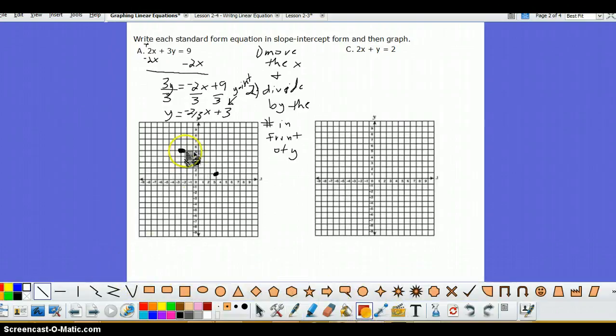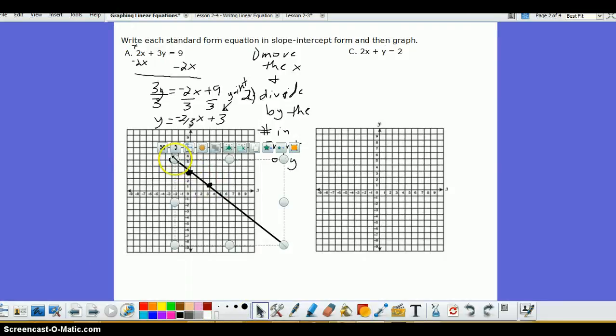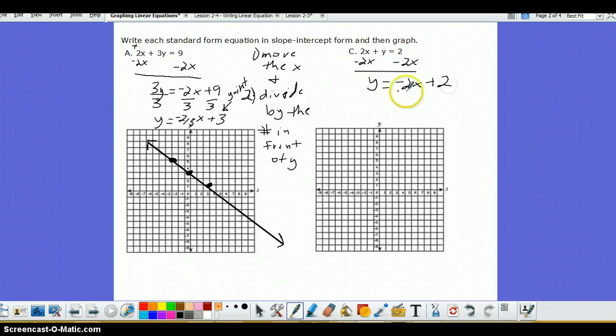Again, connect it with a line, and you're finished. Alright, so right here, again, subtract the 2x, so that gives me y equals negative 2x plus 2. There's nothing in front of y, so I'm finished. So y-intercept, plot the 2.